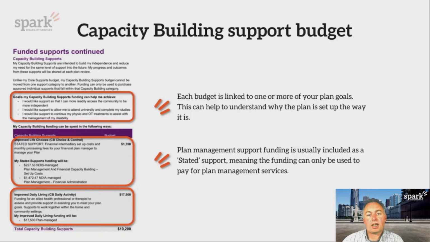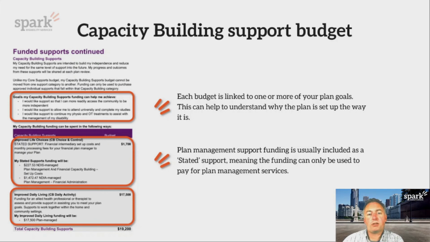The other support category in our example here is the improved daily living category, also known as the CB daily activity category. You might notice that the $17,500 that's been included in this plan is also plan managed, just like the core support budget was on the previous page.